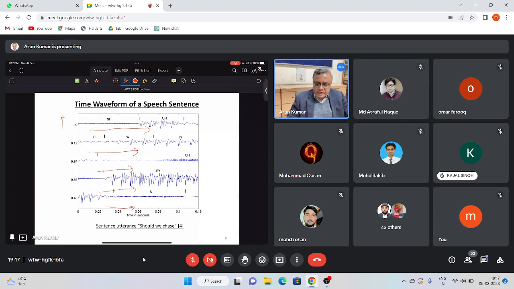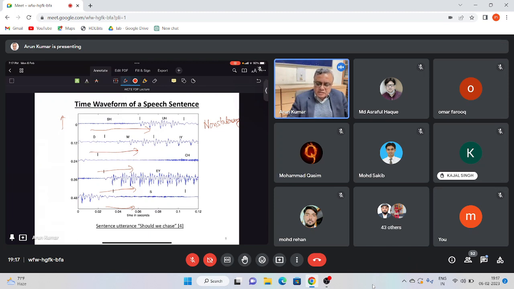The important point to note from this figure of the time waveform of a speech sentence is that the speech signal is a non-stationary signal, in the sense that its statistical characteristics change over time.